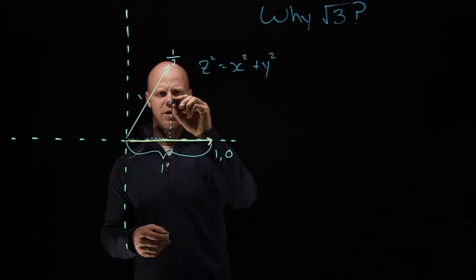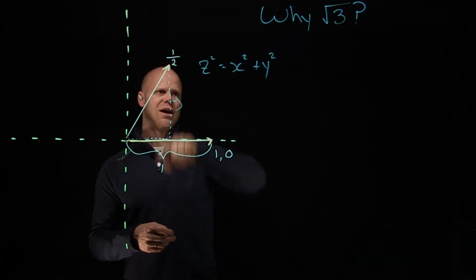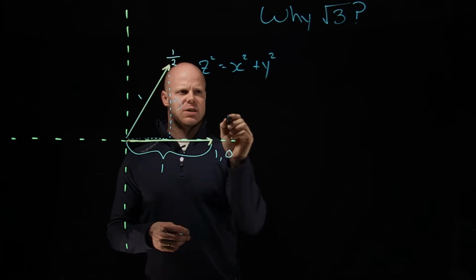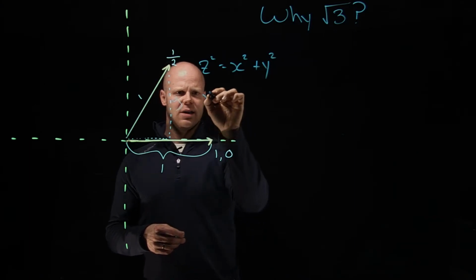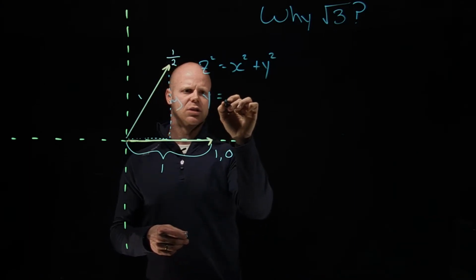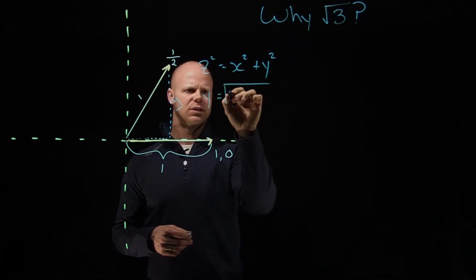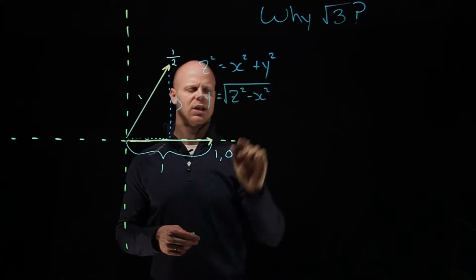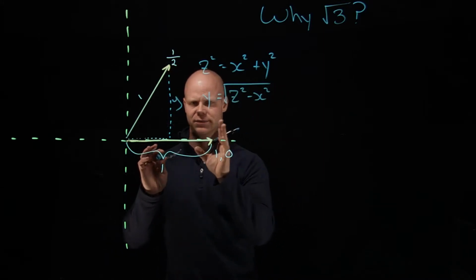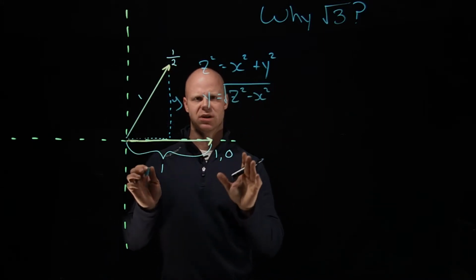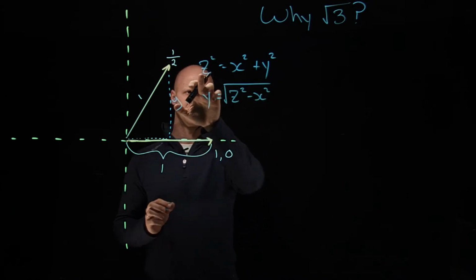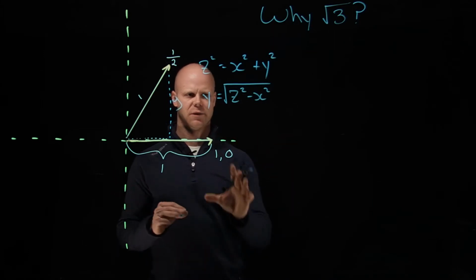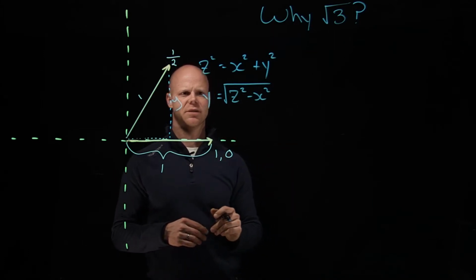So what we're trying to figure out is the actual value of y. After I transpose this, y is equal to the square root of z squared minus x squared. If you're following along and you're like, Jason, a squared, b squared, c squared, it's the exact same thing. This would be c squared, and these would be a squared and b squared. If you need to follow along like that, there's absolutely nothing wrong with that.